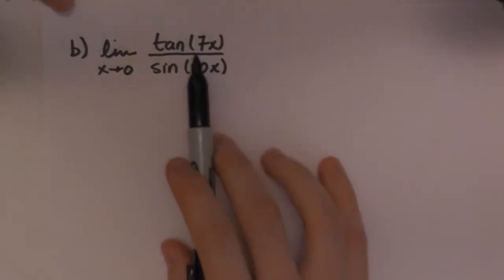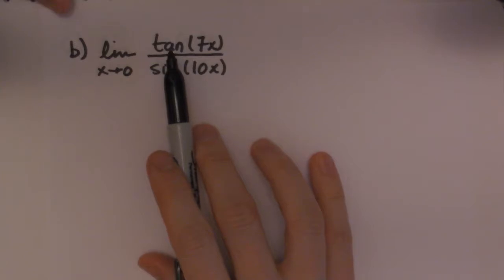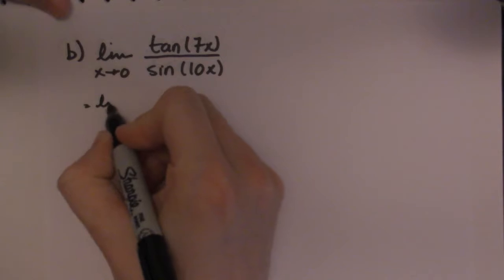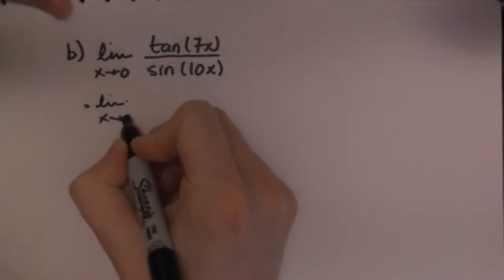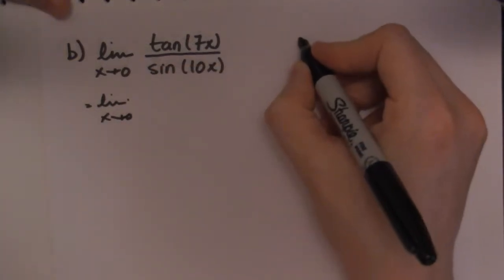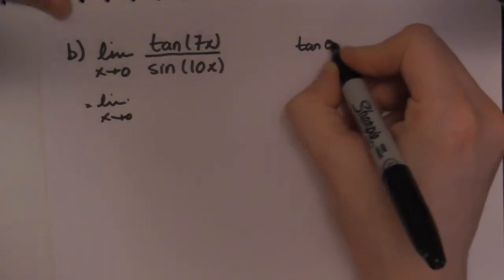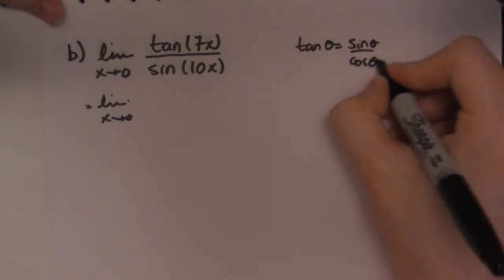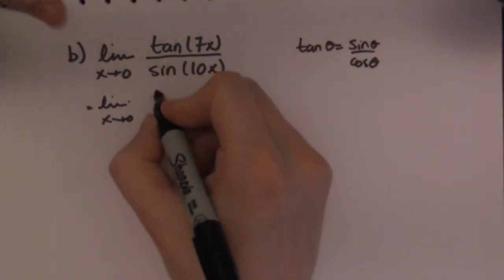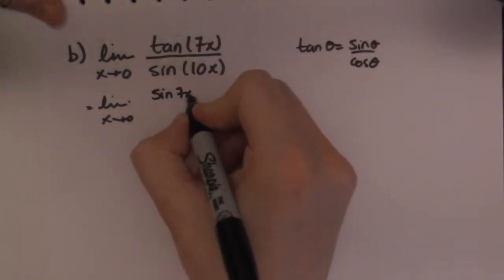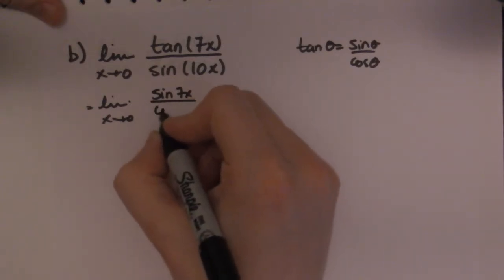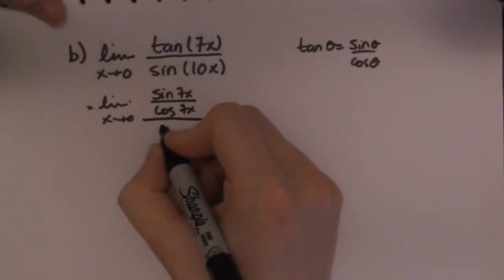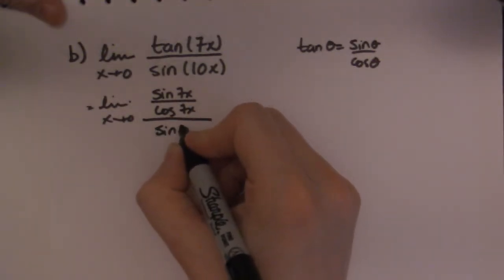Anyway, so what I can do is I can go ahead and rewrite this tan as the limit as x goes to 0. So tan of theta is sine theta over cos theta. So I can rewrite this guy as sine 7x divided by cos 7x, and then it's all divided by sine 10x.